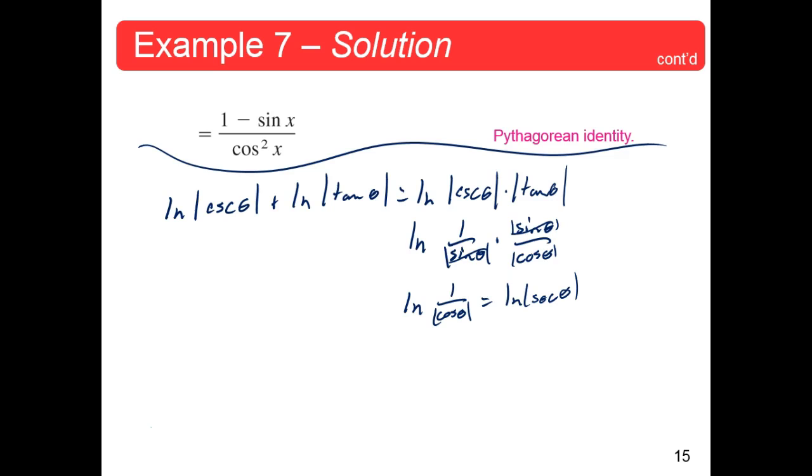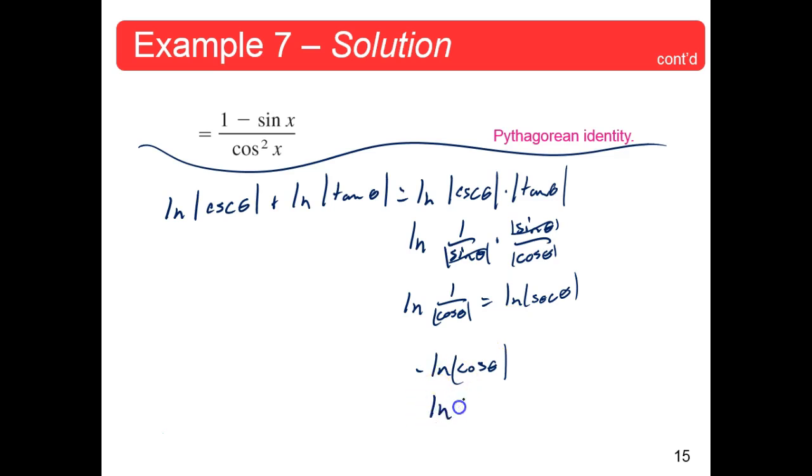That happens to be the same as log of secant. And here's why. Minus log of cosine. When you have a minus sign or anything in front of the log, you can pull that up and make it the exponent.